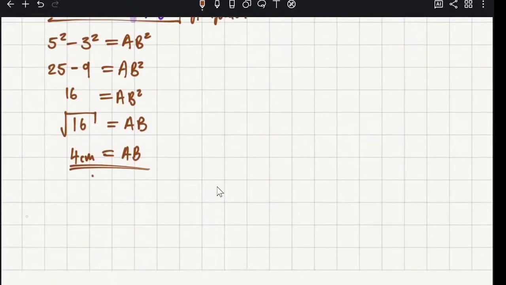Any other situation, you have to use SOHCAHTOA. So SOHCAHTOA is written like this. SOHCAHTOA.